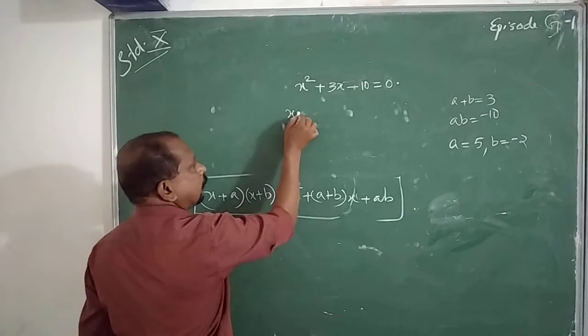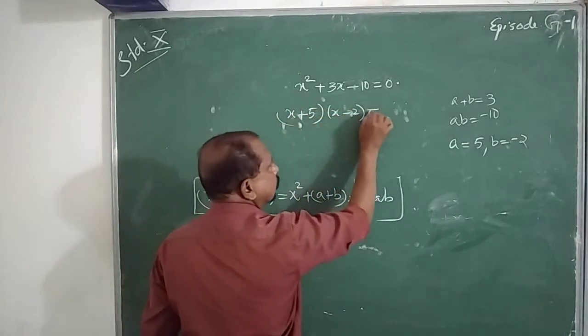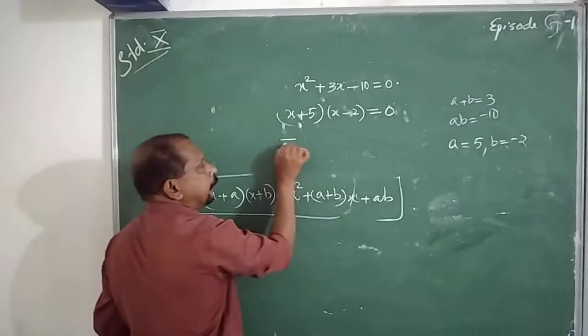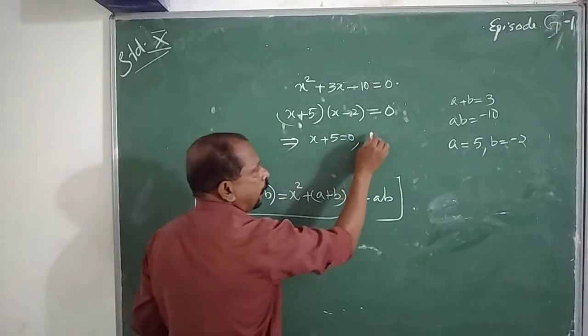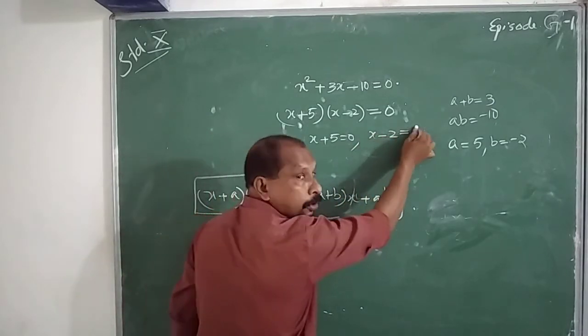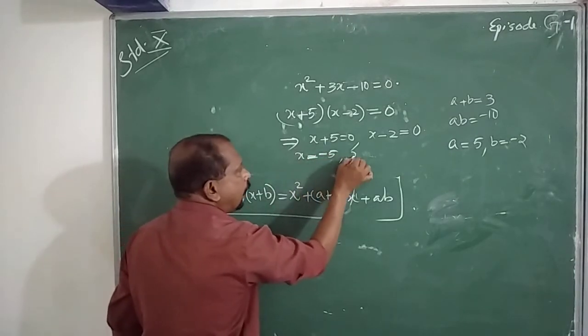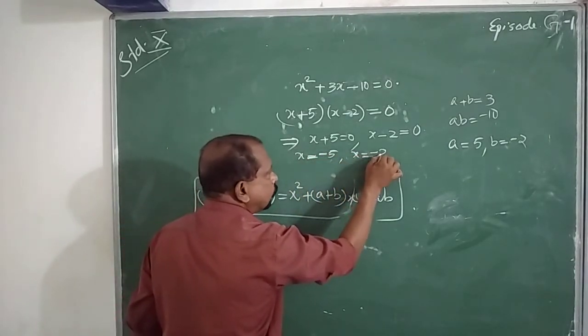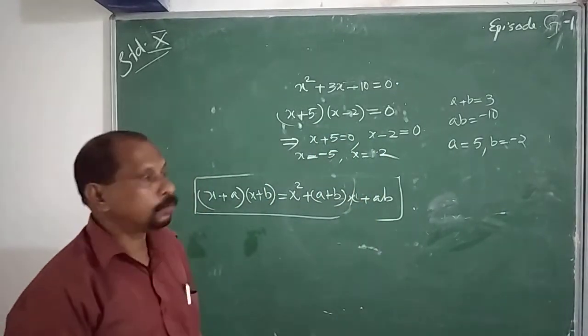Then the factors are (x plus 5) into (x minus 2) is equal to 0, which implies that x plus 5 is equal to 0 and x minus 2 is equal to 0. Therefore, x is equal to minus 5 and x is equal to plus 2. These are the solutions or roots.